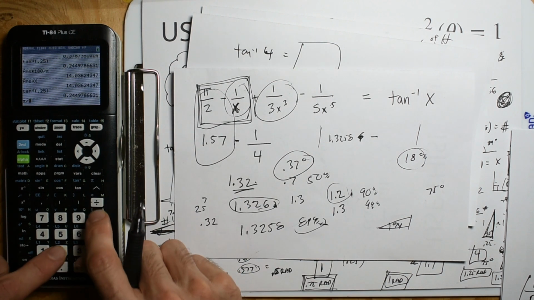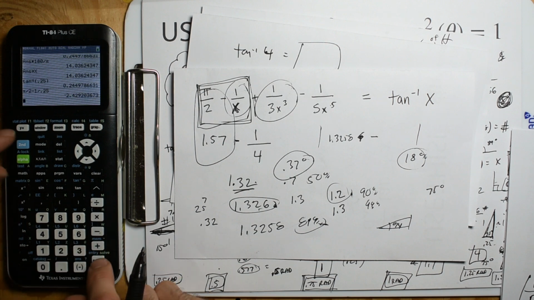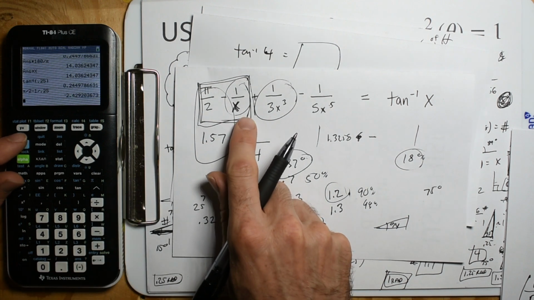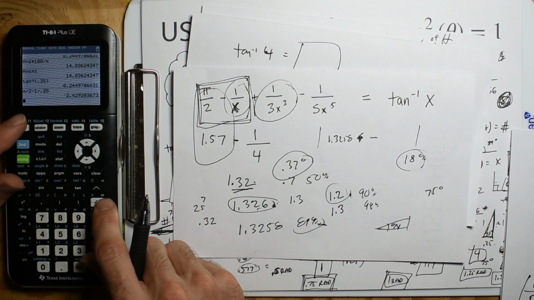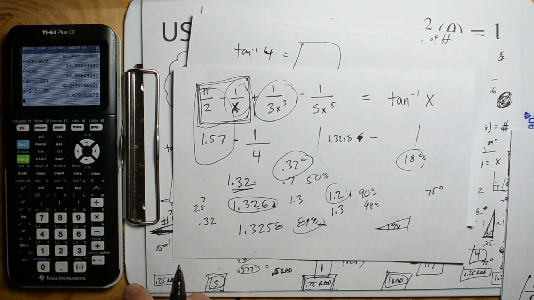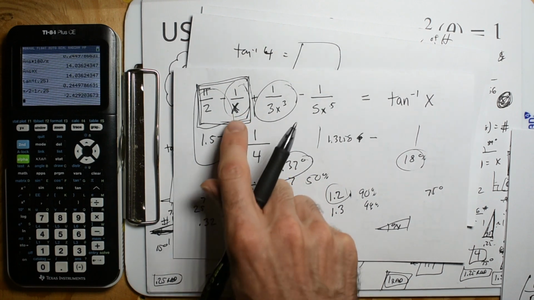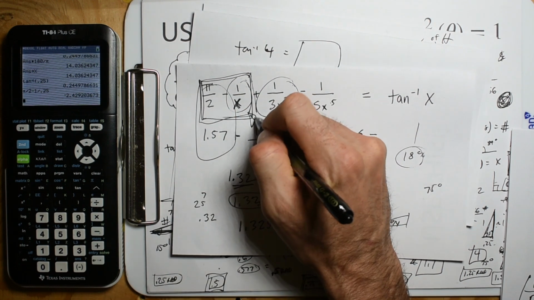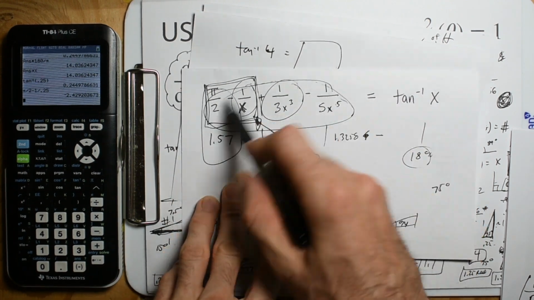If we do pi divided by 2 minus 1 divided by 0.25, whoa. Oh no, that should have worked. I figured at some point with small numbers this would be off. That's the thing about these series.